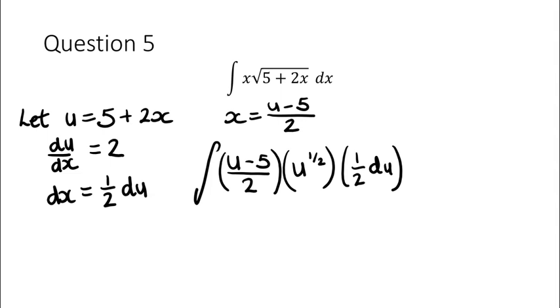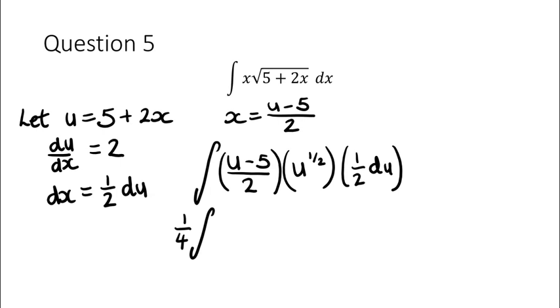Okay, I've got a lot of brackets here, but I'm trying to just show you where each of these things have been, how they've been substituted in. So let's make this a little bit tidier. What I'm going to do now is take out my constant. You can take out constants on the outside of this integral, but you can't take out u's. So I've got a half in the first bracket.